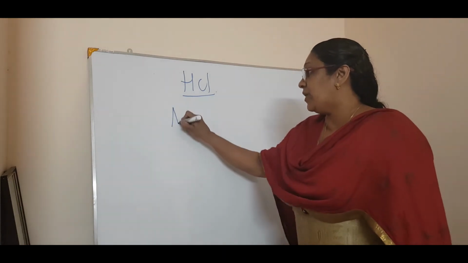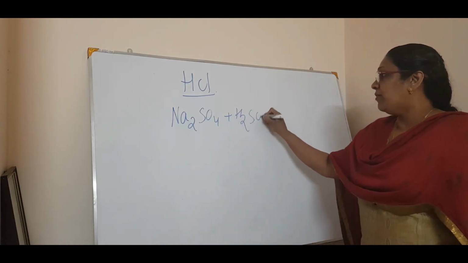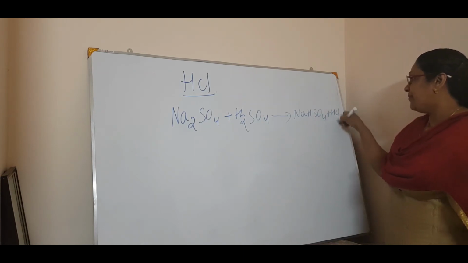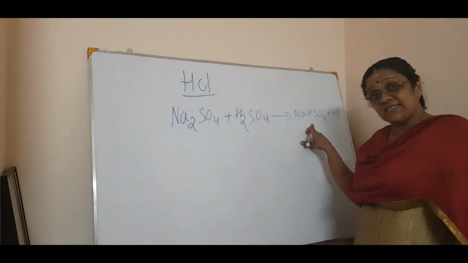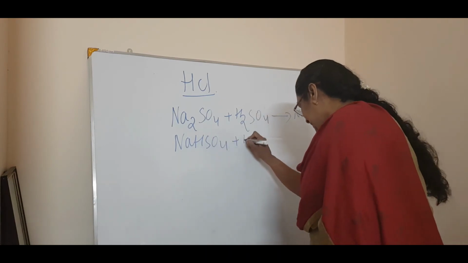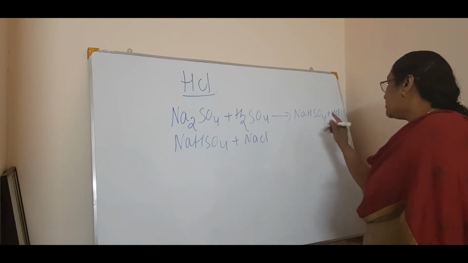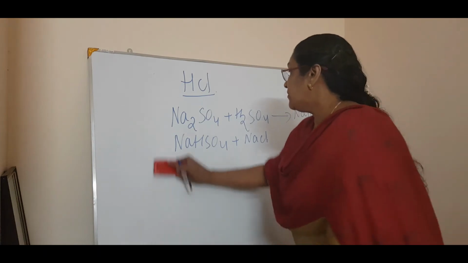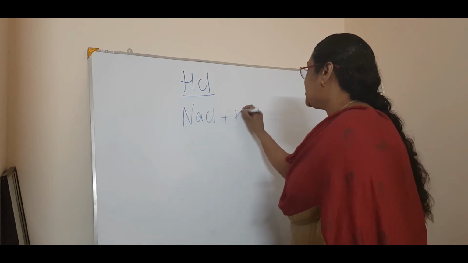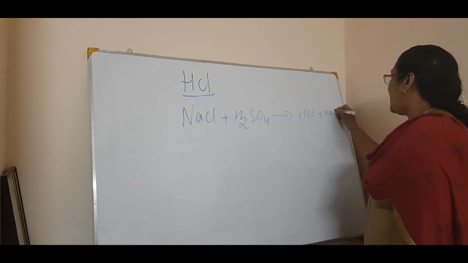It is prepared from what we have studied in sulfuric acid. We start from NaCl: NaCl plus H2SO4 will give you HCl plus NaHSO4.